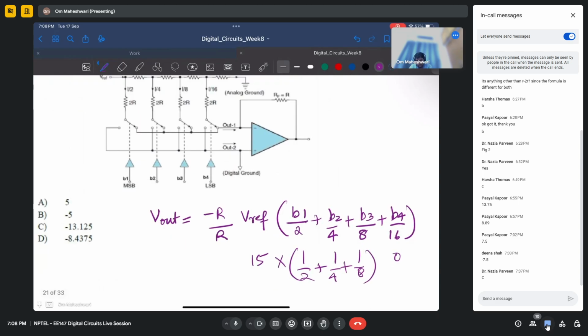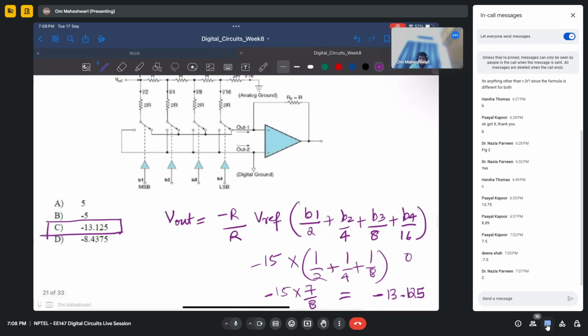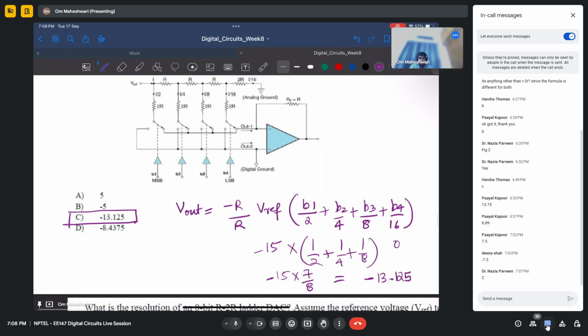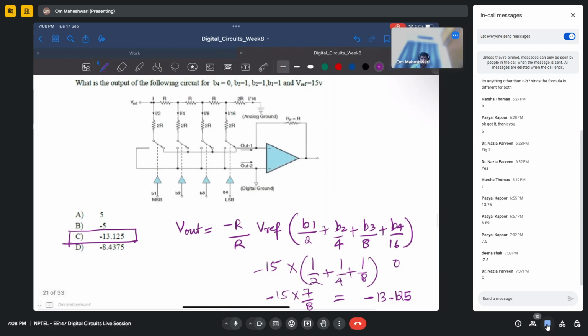And it comes out to be 15 into 7 by 8, which is minus 13.125. The option C. Okay, so I hope now you will be able to solve these R2R ladder based questions.